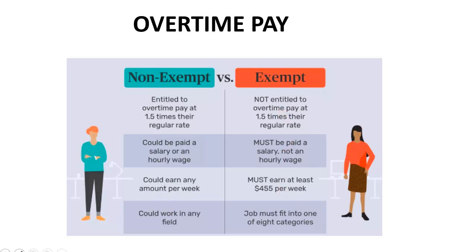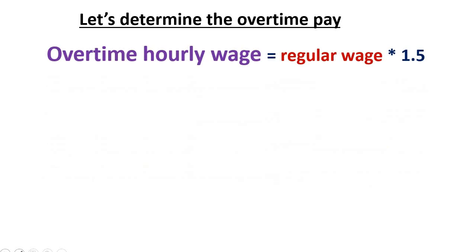Alright, so now we're going to look at what we need to know to determine overtime pay. Well, first we need to figure out the hourly wage you're getting paid for overtime, and it's going to be whatever your regular wage was times 1.5.